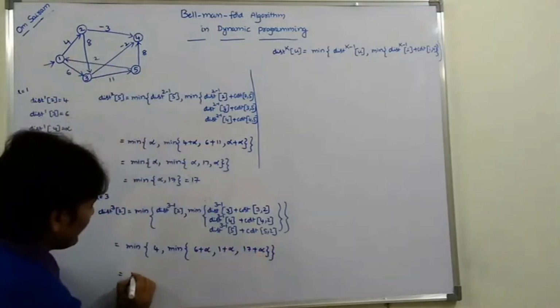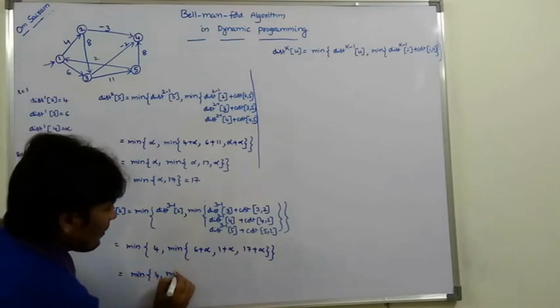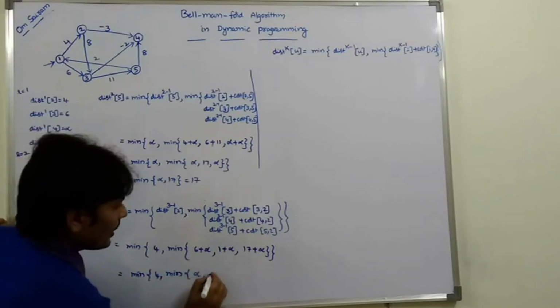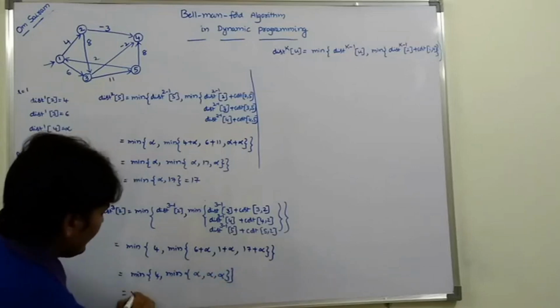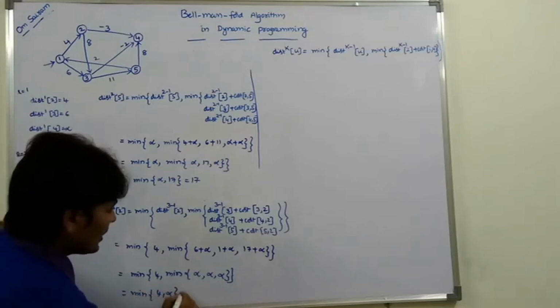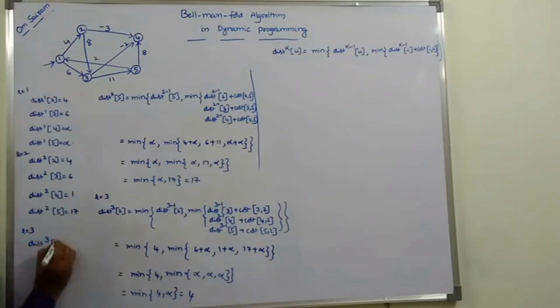So that is the minimum of 4 comma infinity, which is 4. So now L is equal to 3, and dist 3 of 2 is equal to 4.